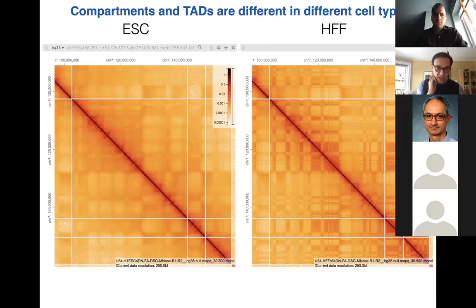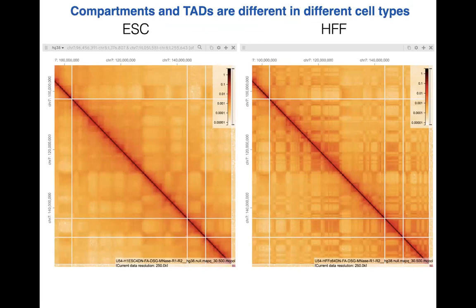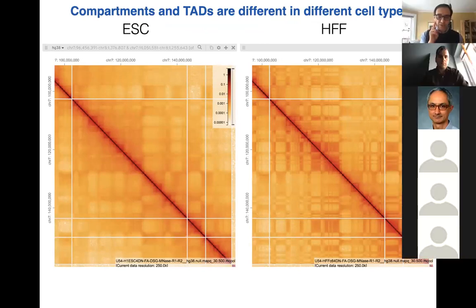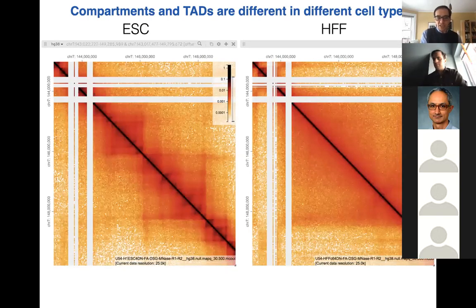So these are in fact Micro-C data for ES cells on the left and fibroblasts on the right. And I literally browse through these maps in synchrony. I move the left and the right one, just to see what's there. In ES cells, compartments are weaker and compartments are stronger in fibroblasts. In another region, it's the other way.